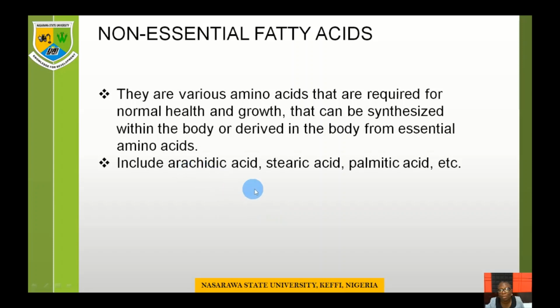This includes the arachidic acid, stearic acid, palmitic acid. All this can be synthesized by the body, although you can still get them from the food or the diet, but they can be synthesized. They are not needed to be included in the diet because they can be synthesized by the body.